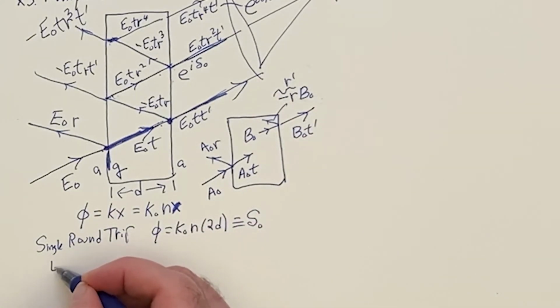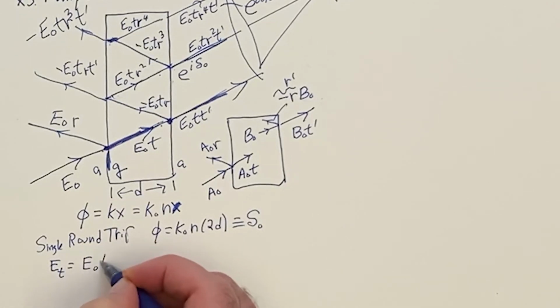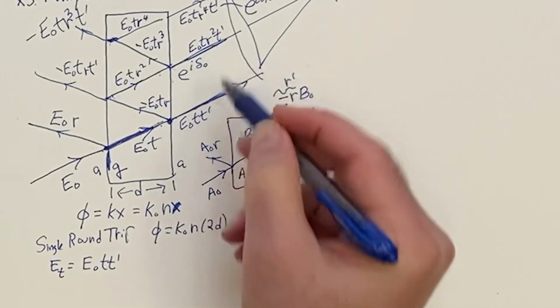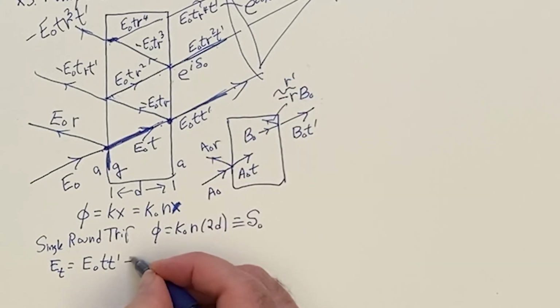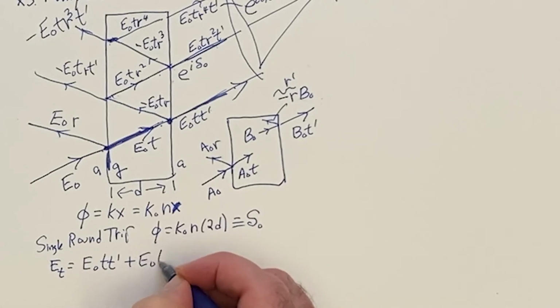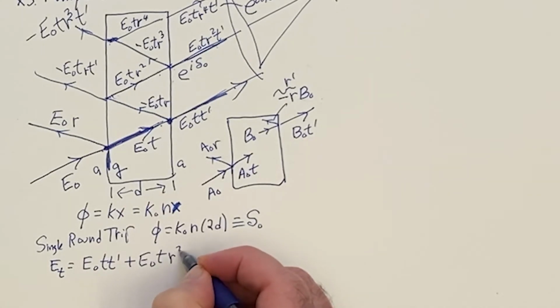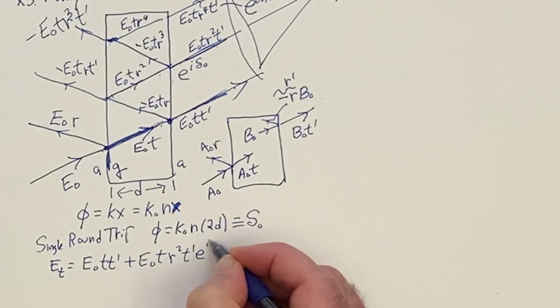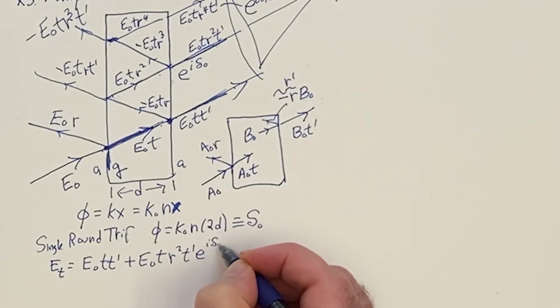So then we have, for the transmission, E naught T T prime, this first one, and then we're going to add the second one with the phase, and that's going to be E naught T R squared T prime with the phase tacked on there.